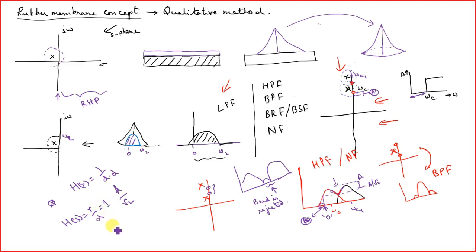That means when you place a pole onto a 0 or a 0 onto a pole, they cancel out each other's effect, and there is no effect of either the pole or the 0 which have been placed one over the other. Okay.